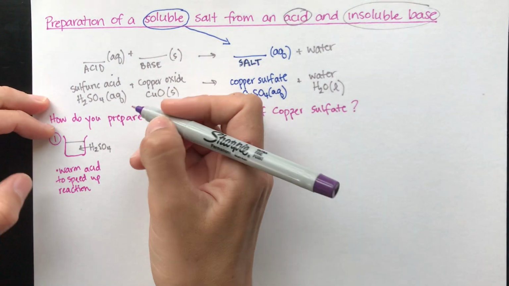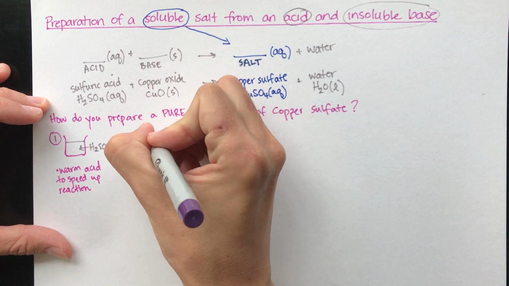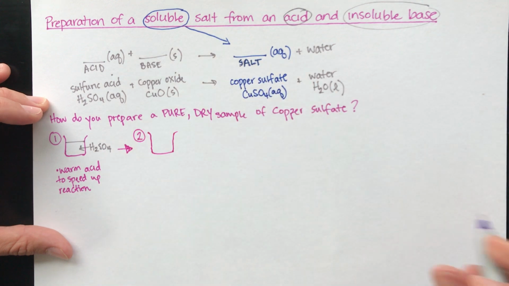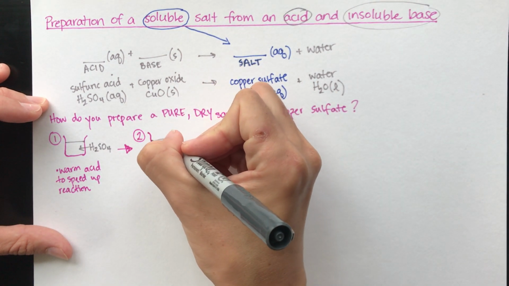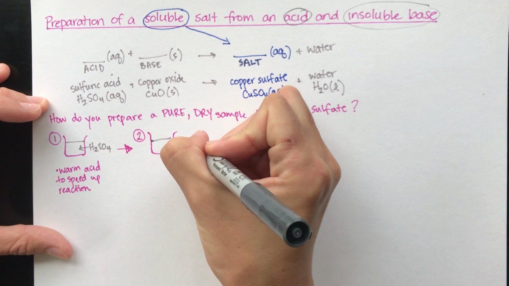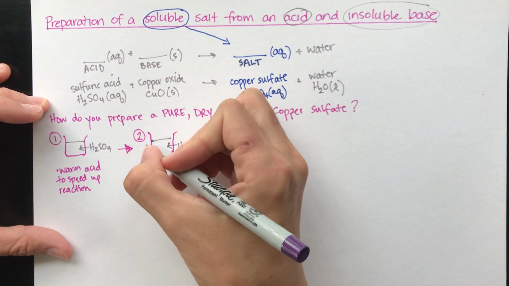All right, once you've done that, you're ready to do your reaction. So step 2, you need to add copper oxide to your acid. Just like in the previous method, you'll want to stir or agitate the solution.